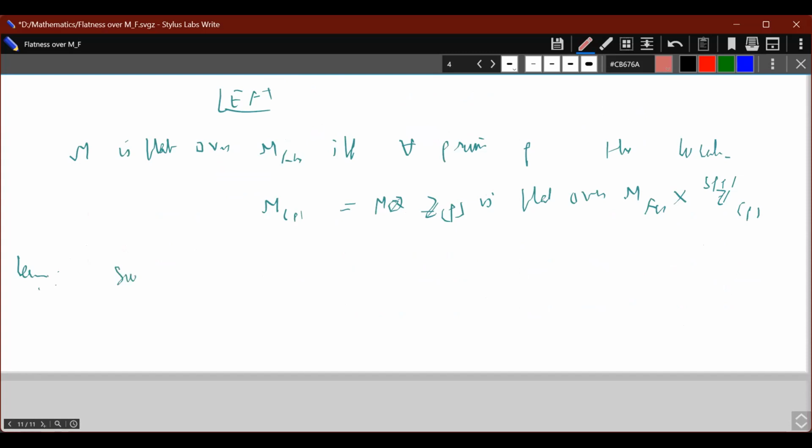So then we have a lemma. Suppose we think of the name of this as F. It's easy to get messed up on the notation. Let me define the map. So this is a flat map. And say M is a quasicoherent sheaf.